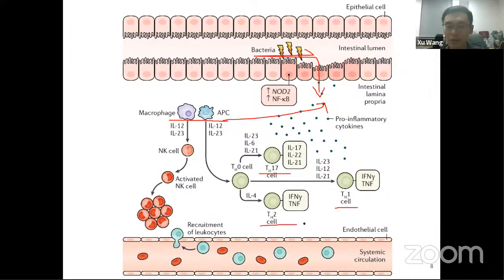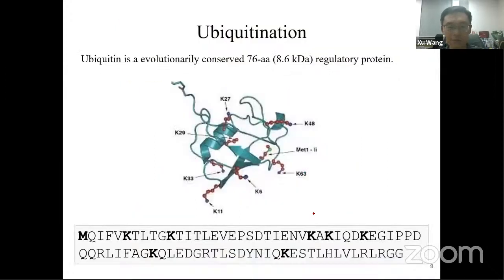And this will cause a big problem because it will lead to the generation of some inflammatory bowel diseases, including ulcerative colitis and Crohn's disease. So ubiquitination serves as a regulator for signal transduction. It ensures that cells react properly to the changing environment.